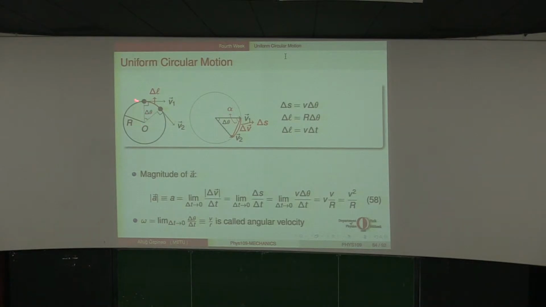So my object moves from this point to this point, changing its angle relative to the center by delta theta in a time delta t. So this is what we call the angular velocity or angular speed. It is the speed, but of the angle. It is the rate of change of the angle. And we had just shown here that the angular velocity is nothing but v over r.